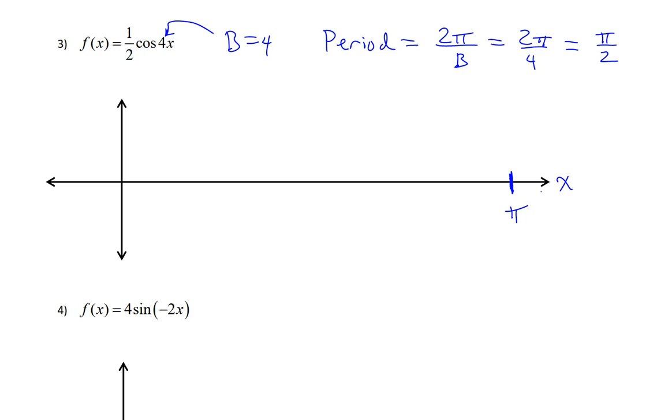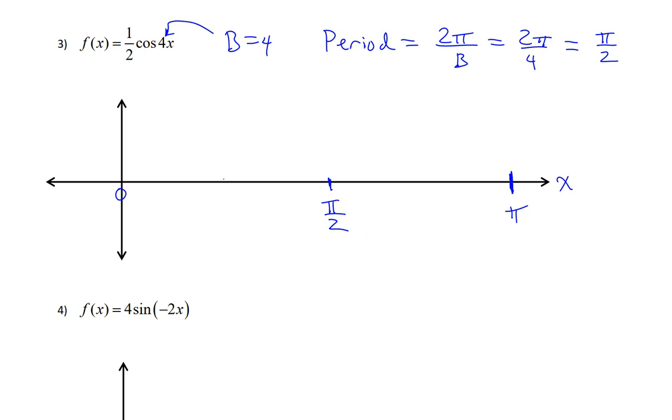So 2 full periods out would be pi for this one, and you may start to notice this familiar process where we just start cutting stuff in half. Now we're working with maybe some different values because of the adjusted period, but it's still the same process. So I'm going to go between 0 at the origin and pi and say, well, half of that would be pi over 2.